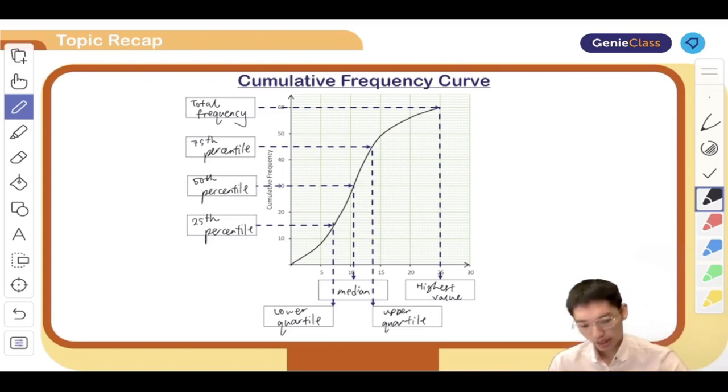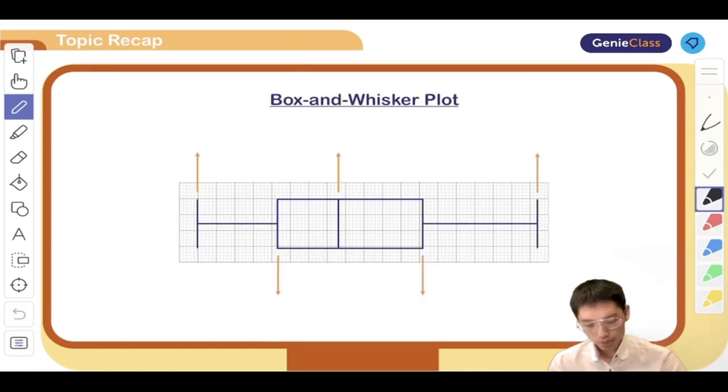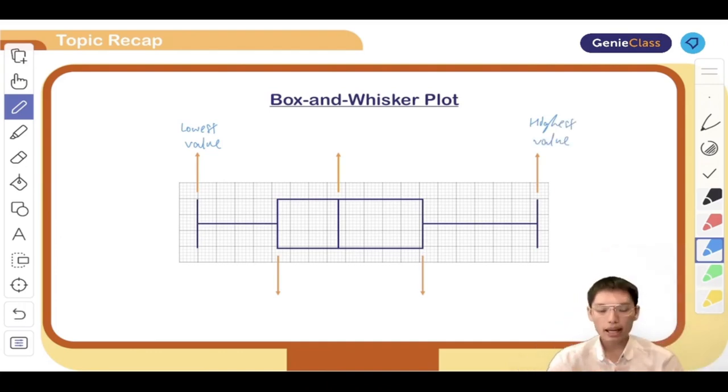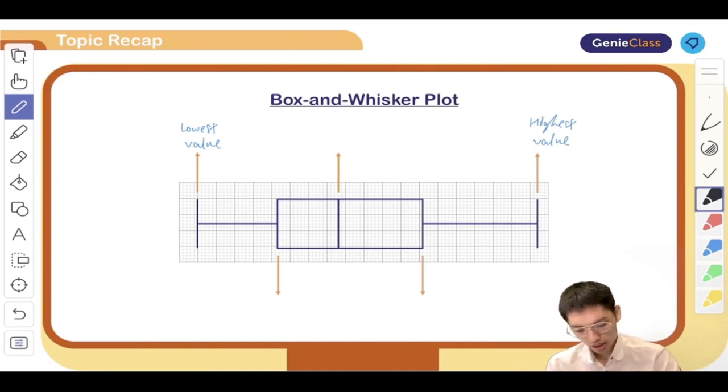And not only the cumulative frequency curve, there's also another diagram which we can look at, the box and whiskers plot, where our extreme ends will be none other than our lowest value and the highest value respectively. The one that comes in the middle is what we call the median.